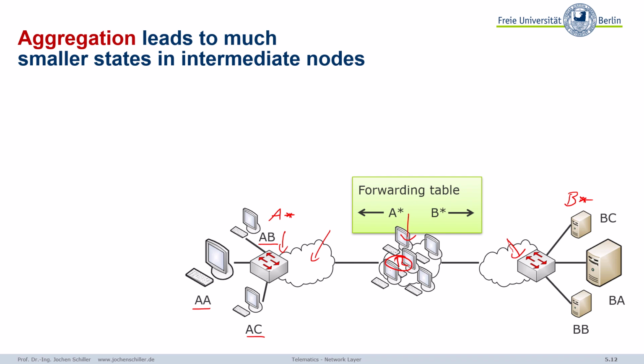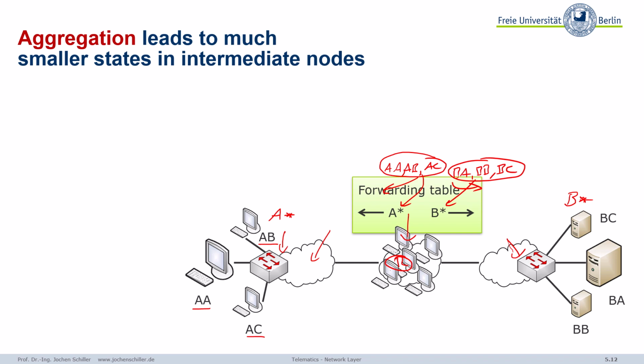Without aggregation, we would have to store an AA, an AB, and an AC going to the left, and a BA, a BB, and a BC going to the right. So you see 3 entries compared to a single entry, and this could be even more.